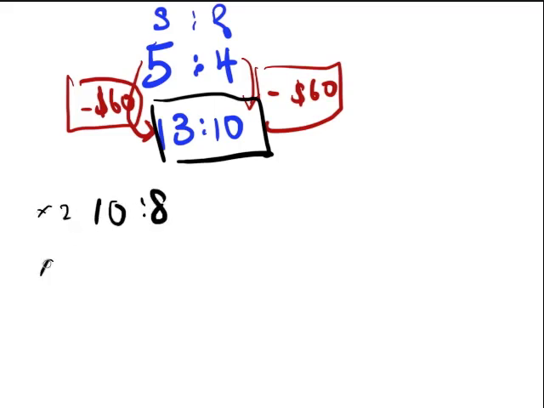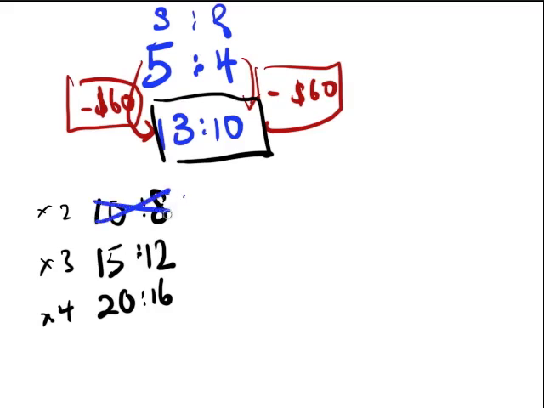If we multiply it by 3, we'll get 15:12. And if we multiply it by 4, we will get 20:16. Your original ratio cannot be 10:8, because then it becomes bigger. So this is definitely out. It can be 15:12 because it becomes higher. It can also be 20:16 because it became higher.